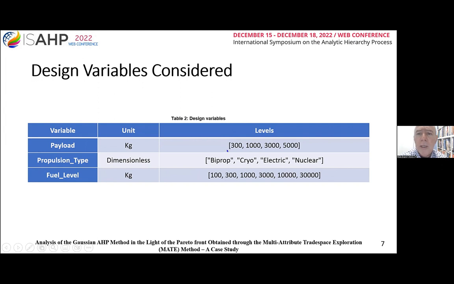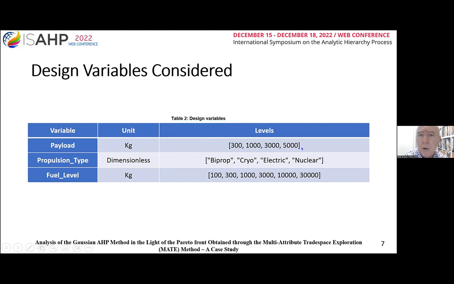As you can see here, they also attribute some levels for each one of the design variables. The reason is they want to perform a full factorial of these levels to generate many design alternatives.